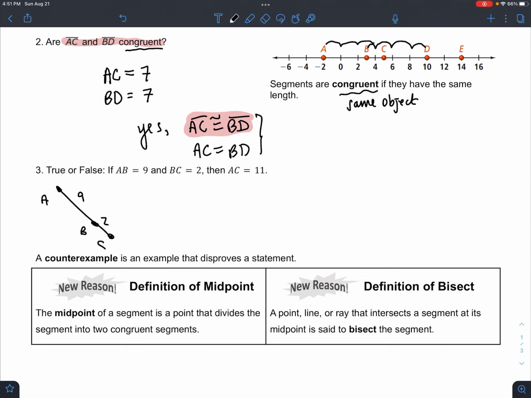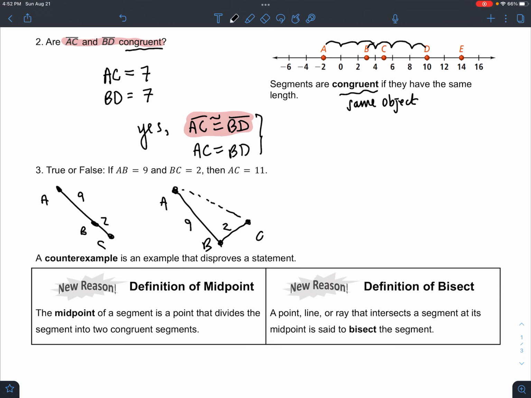But in math, if you're going to say something's true, it better be true every single time, no matter where those points are. And the truth of it is that it's actually not always true that it's 11. Because what if we had something like this, where, let's move this guy a little bit closer. This is 2, and this is 9.